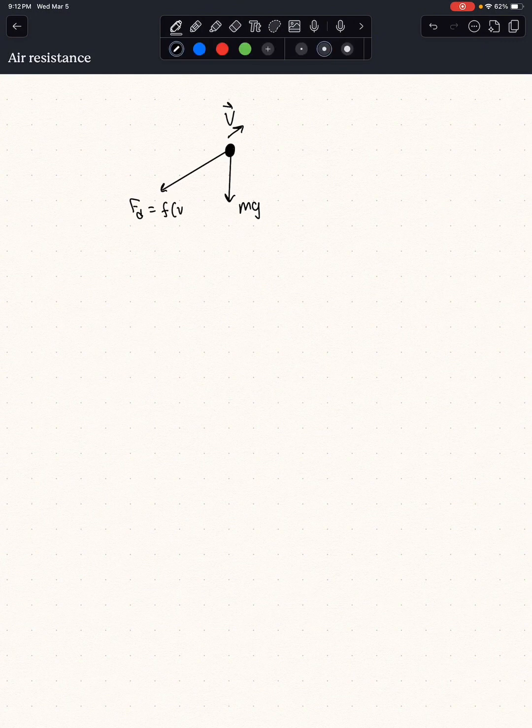That is what this equation is going to represent, meaning the drag force is going to be dependent on the magnitude of the velocity. It is dependent on other things like the size and the shape and the medium that the object is traveling through. But for now, we're just going to look at the velocity of the object.